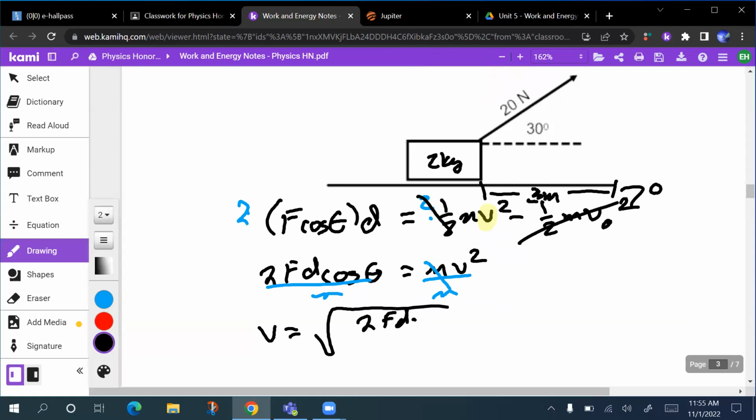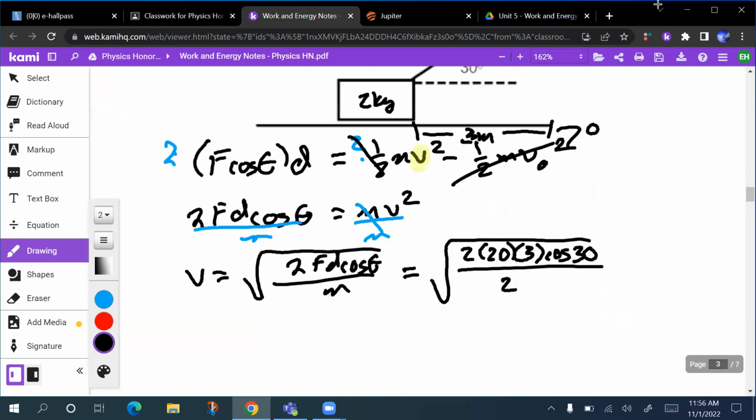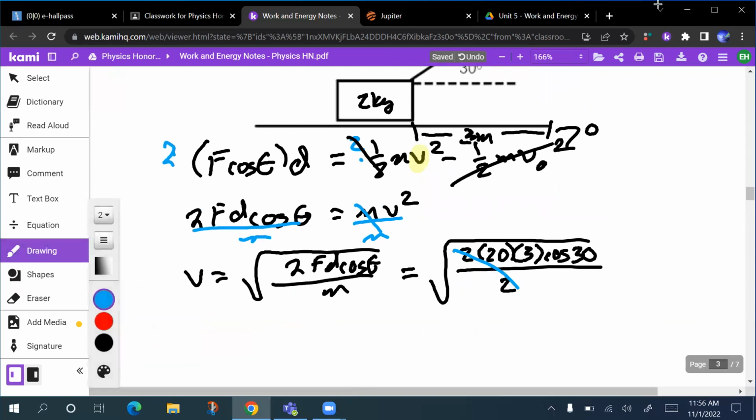2 times the force times the distance times the cosine of the angle divided by the mass. Now, coincidentally enough, those two will cancel, so that kind of makes it simplified to what, 20 times 3 or 60 cosine 3?